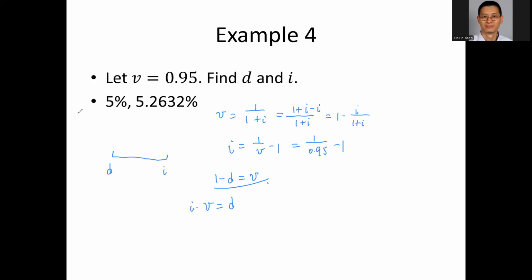Okay, so D equals 1 minus V, which is 5%.